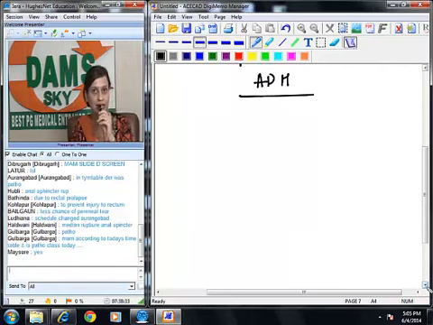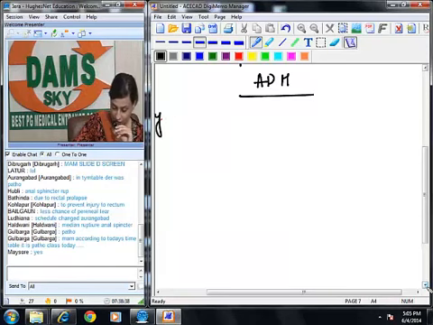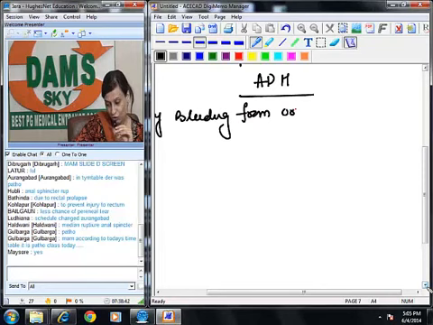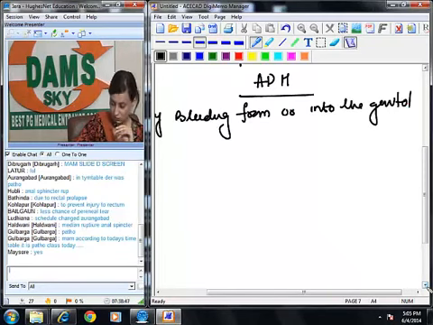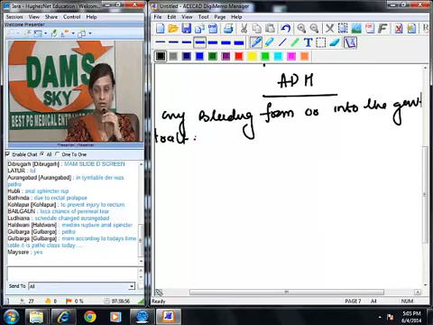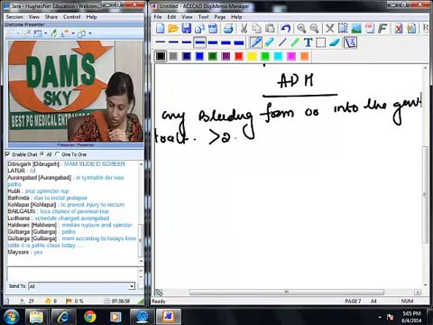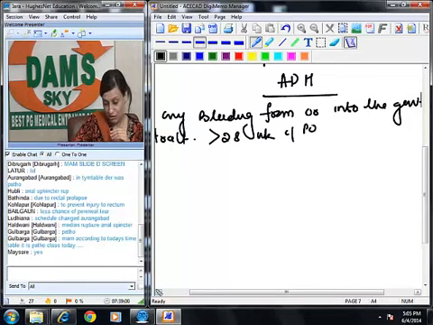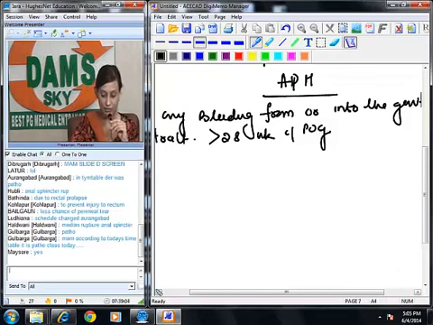Now, how do we define antepartum hemorrhage? Antepartum hemorrhage is defined as any bleeding from or into the genital tract beyond 28 weeks of period of gestation is called antepartum hemorrhage.